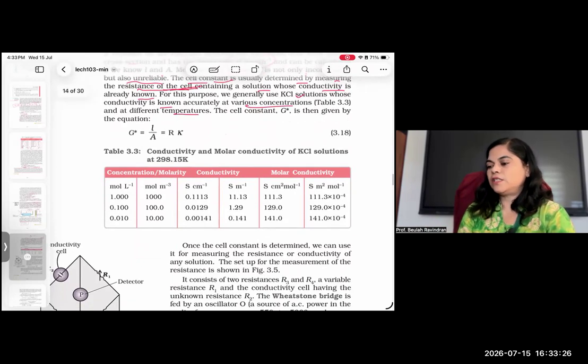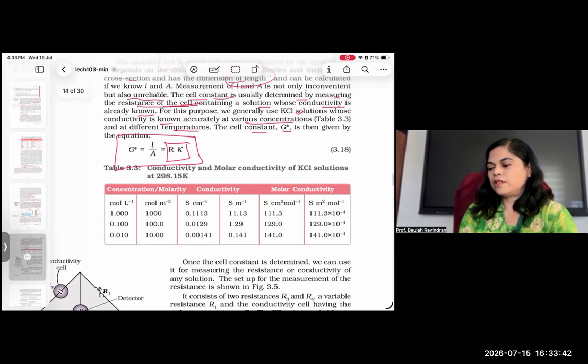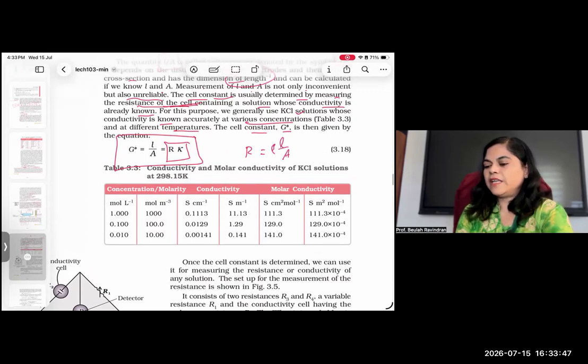The cell constant G star, what is the cell constant? L by A. It is then given by this equation. What is this L by A? We can understand it as R into kappa. So what is R now? R is equal to rho L by A. L by A is the cell constant, right?